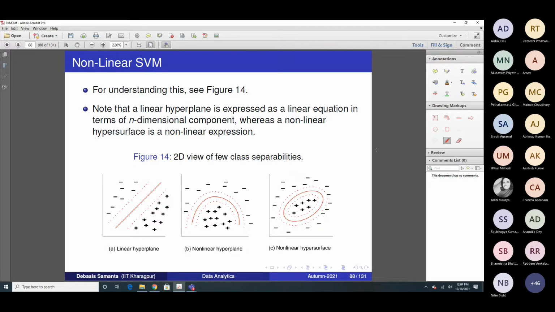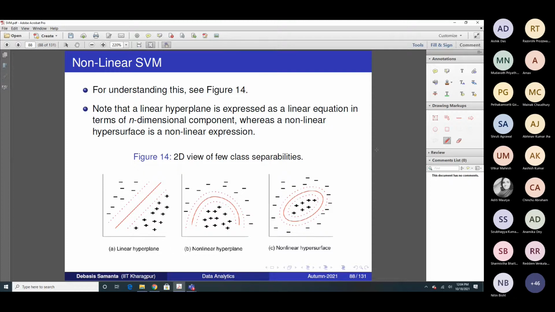So this is a problem, and we have solved the linear SVM problem assuming that it is linear and also assuming that the equation of the hyperplane takes the form w dot x plus b equals 0. But w dot x plus b equals 0 is only for the linearly separable data.